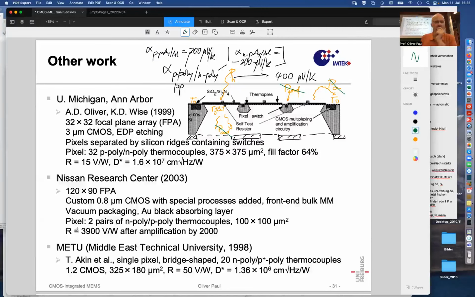Yeah, what else do we see here? Two pairs of N-poly-P poly thermocouples, 100 by 100 square micrometers. And so after amplification by 2000, there is a responsivity or sensitivity of 3,900. So the output of those thermopiles is 1.95 volts per watt.